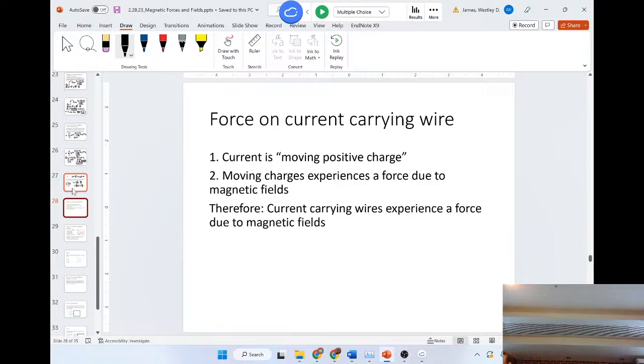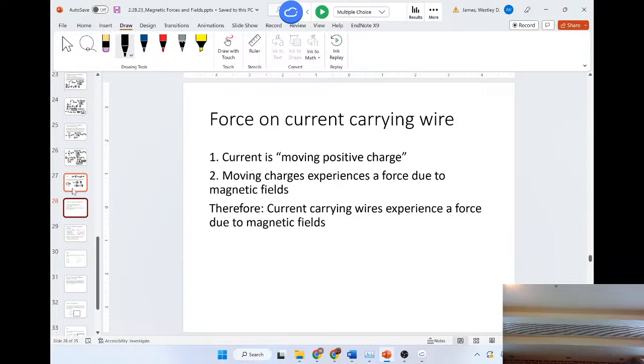So we had a single positive charge moving through it. We found the force, and it caused it to bend. Well, we just want a bunch of positive charges moving. We call that current. Current is moving positive charge. If moving charges experience a force due to magnetic field, current carrying wires do as well, because current carrying wires are defined as positive charge moving.